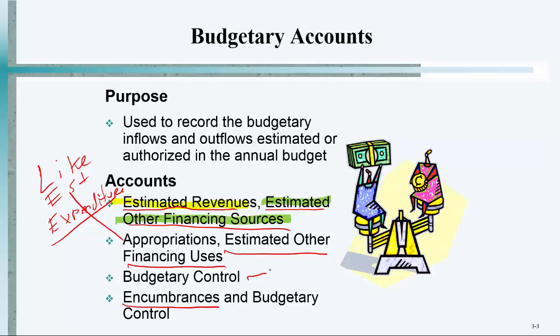These accounts that you see up here are our budgetary accounts, and we're literally going to make journal entries into these accounts. And this is something that is a major takeaway from this class, that you understand how to make those budgetary entries. And again, we're just tasting it here. We're going to get into the detail of this in Chapter 4.